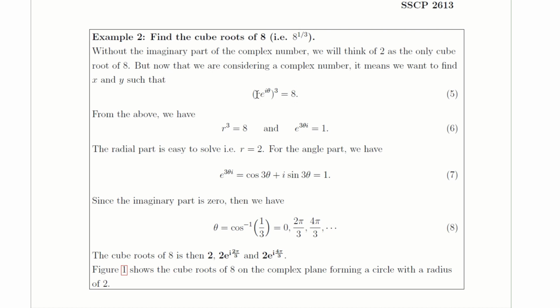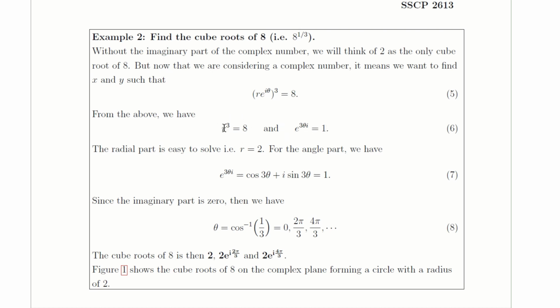So if I expand this term on the left-hand side, I have r^3, and this should equal 8. And the term related to e^(iθ), when you take the power of 3, you will have e^(3θi) equals 1. So when you take r^3 multiplied by exponential 3θi, 8 multiplied by 1 gives you 8. So now you have to solve this term separately and this other term separately.